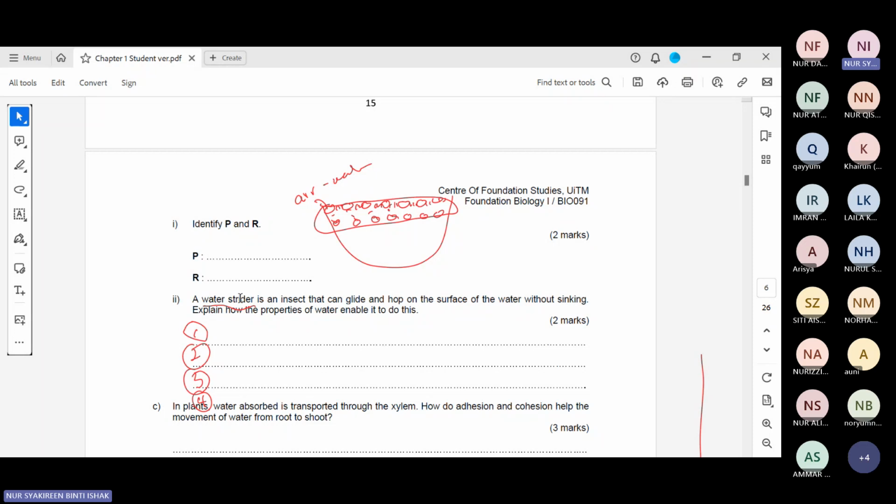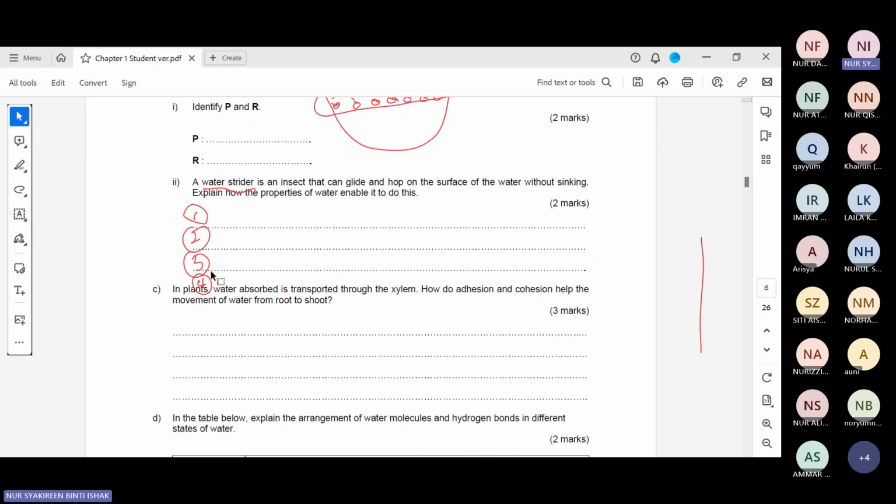So I gave you 4 points there. I repeat: cohesive behavior, water has high surface tension due to hydrogen bonding between water molecules at the air-water interface and the water below. There are 4 points, but the question is only 2 marks. If you say cohesive behavior you get a mark, and high surface tension also gets a mark. But you have to explain, you cannot put it in point form.